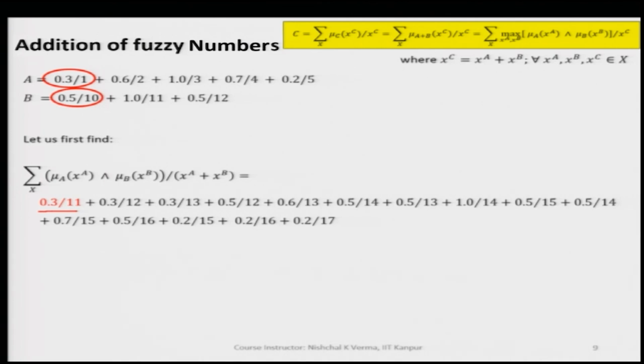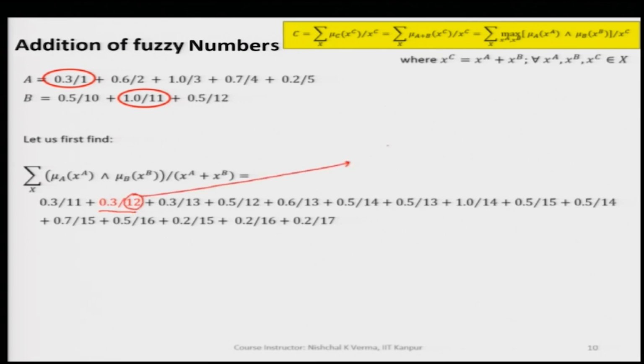We see here that when we take 0.3 oblique 1 from fuzzy number A, and then take the second element from fuzzy number B, we obtain 0.3 oblique 12, and we know how we are getting this generic variable 12.